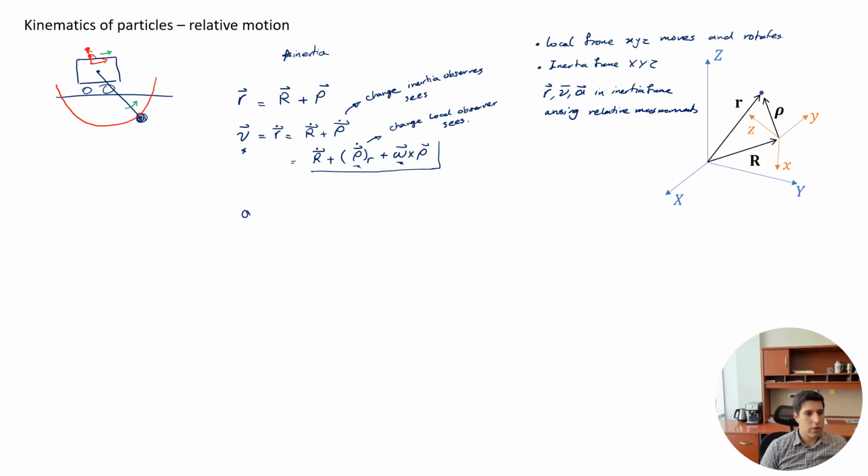And the last one is acceleration. Acceleration is v dot. I take the derivative of this, so I have R double dot plus, because I cannot write dot easily on top of that, I write d over dt of this, rho dot relative, plus d over dt of this omega cross rho.